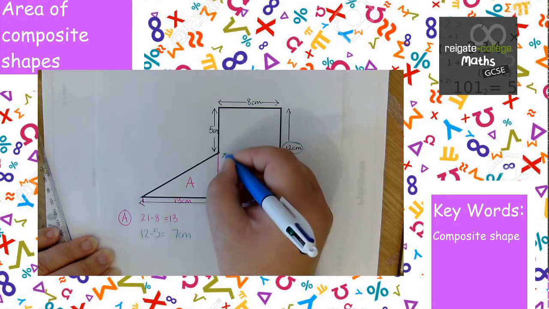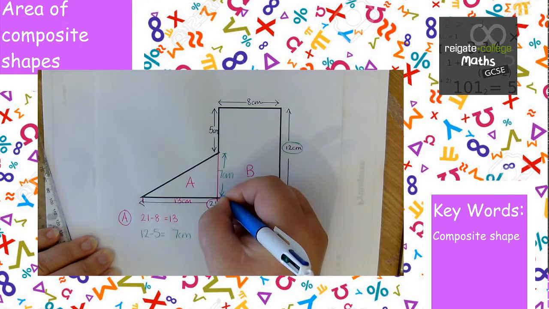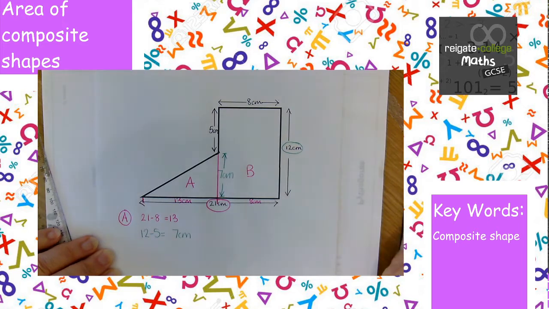So there are my triangular dimensions. I'm ready to calculate now. 13 multiplied by 7, not forgetting it's a triangle, so I must divide by 2, gives me a total of 45.5 centimetres. So the area of shape A is 45.5 centimetres.